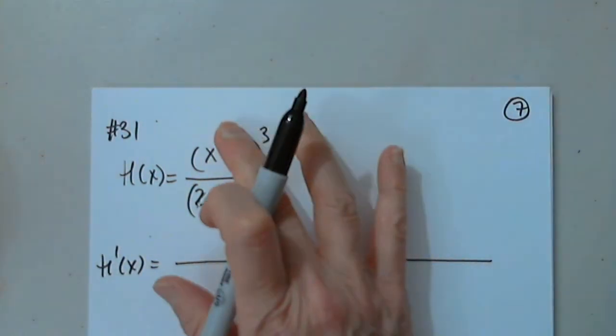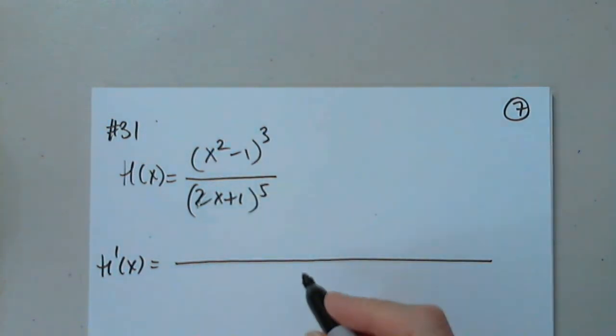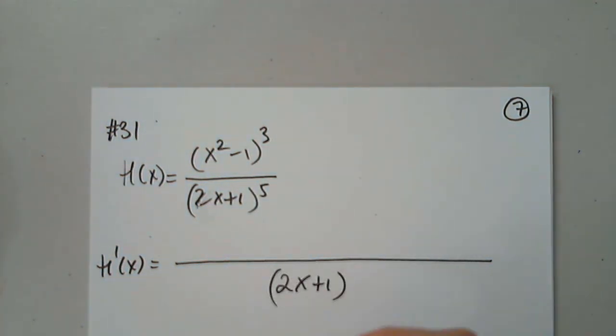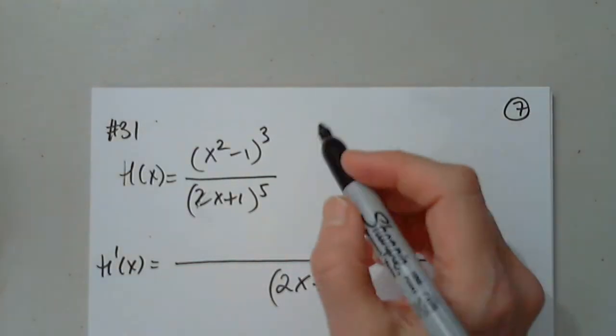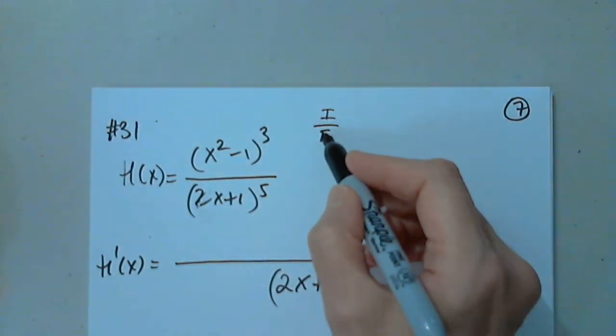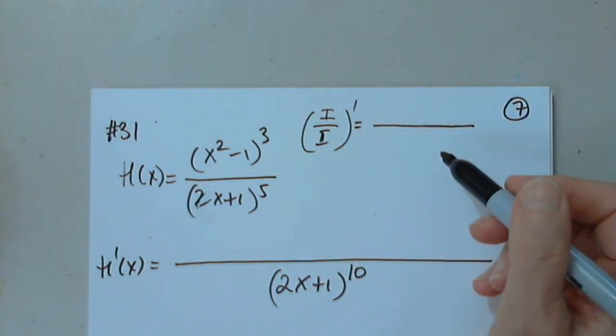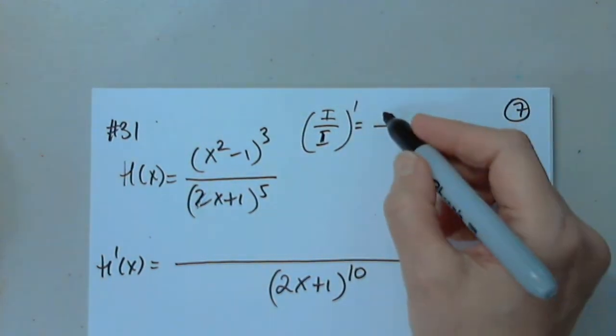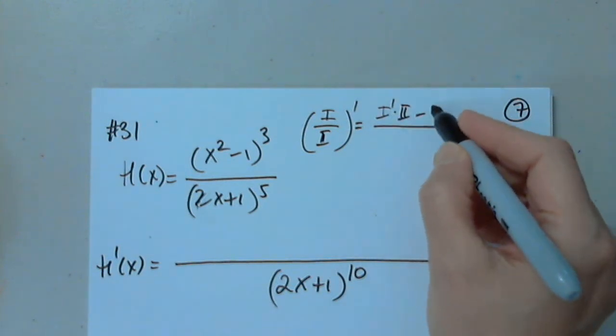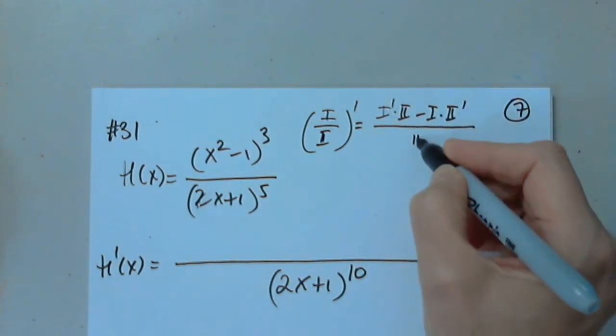Every time I differentiate a quotient, I start by squaring the denominator, which is power 10. Then remember, 1 divided by 2 prime. I like to use this procedure. You can change the procedure. 1 prime times 2 minus 1 times 2 prime over 2 squared.